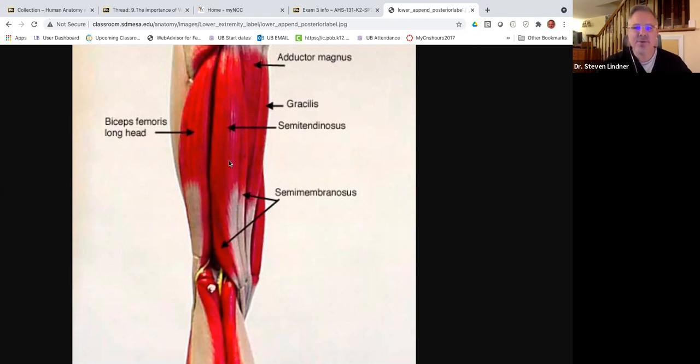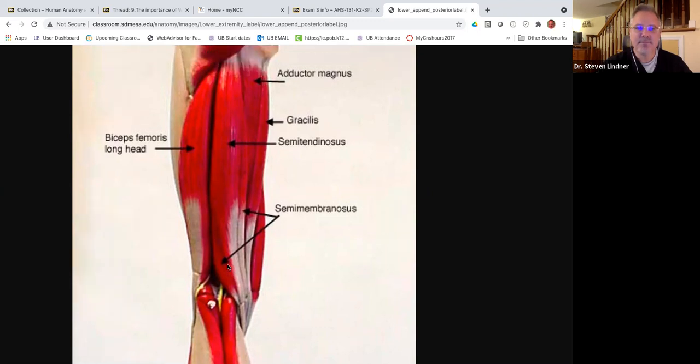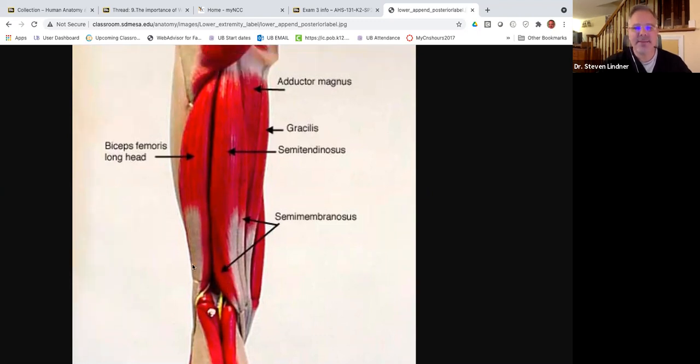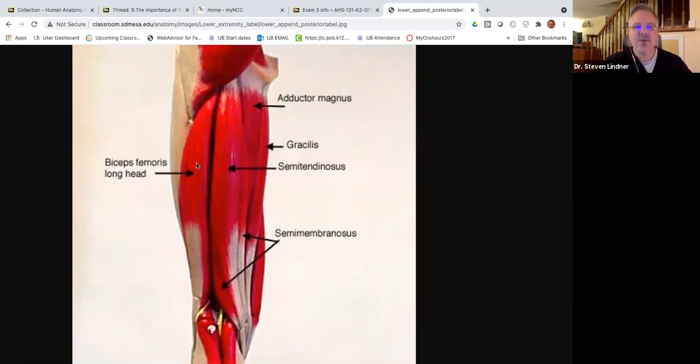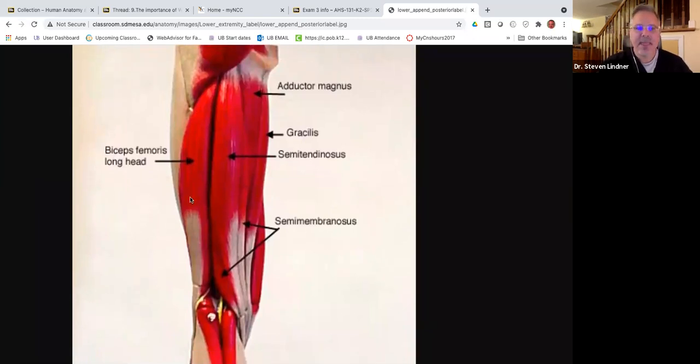And the one that's more superficial is the semitendinosus. The lateral one is the biceps femoris, and again, biceps means 2. So there's 2 heads, a long head and a short head. The short head is deep to this, but here's the long head.